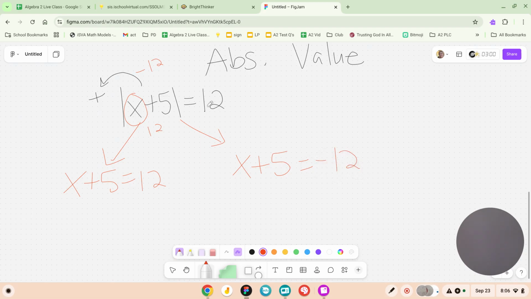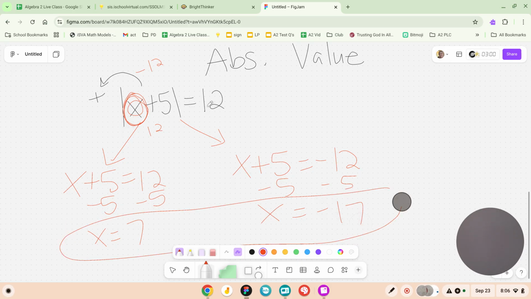So whatever our x is in each situation is the two possible x's that would make this either be 12 or -12. So then I just simply solve for x. X could equal 7. Or x could equal -17. So these are the two possible answers for our absolute value.